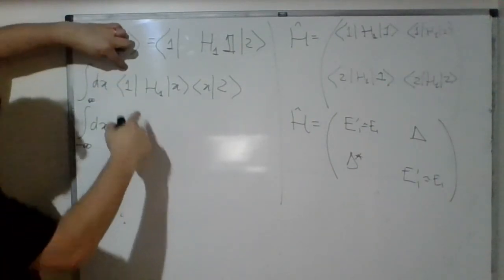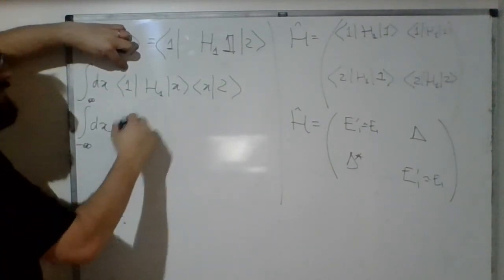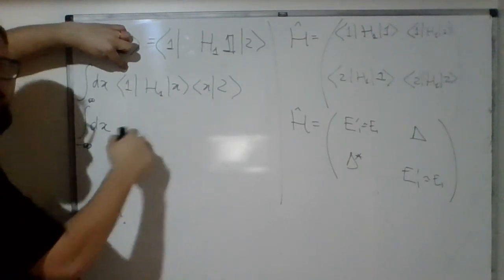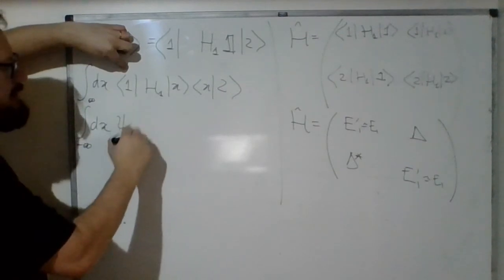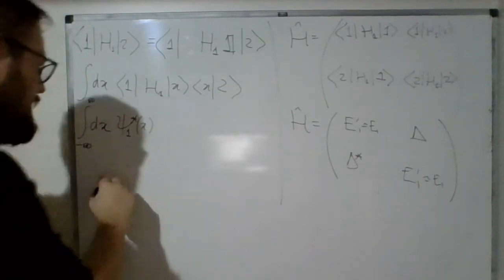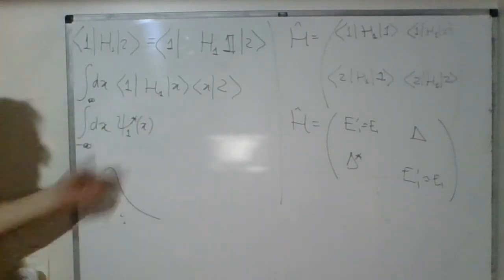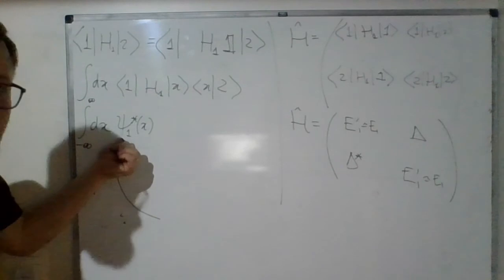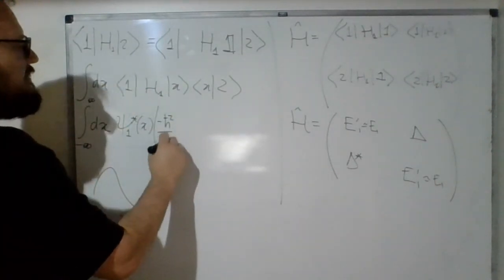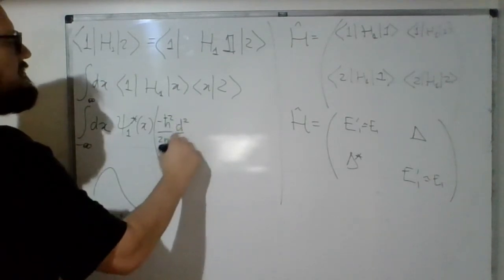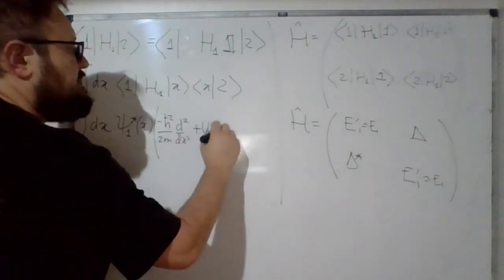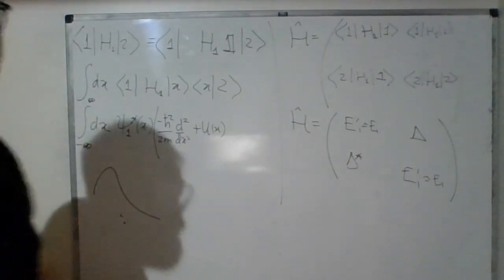So you'll find out here, because the Hamiltonian operating on x is just the representation of the operator, the psi1 complex conjugated depending on x, which is the function in the first box, times minus h squared divided by twice the mass, second order derivative, which is the kinetic operator, plus the potential energy, which is that profile.